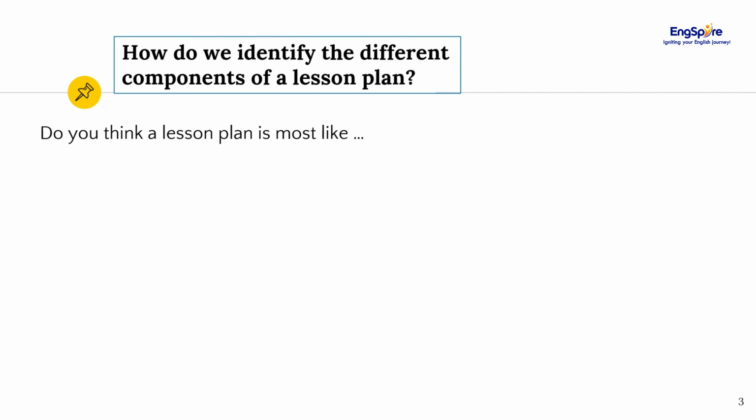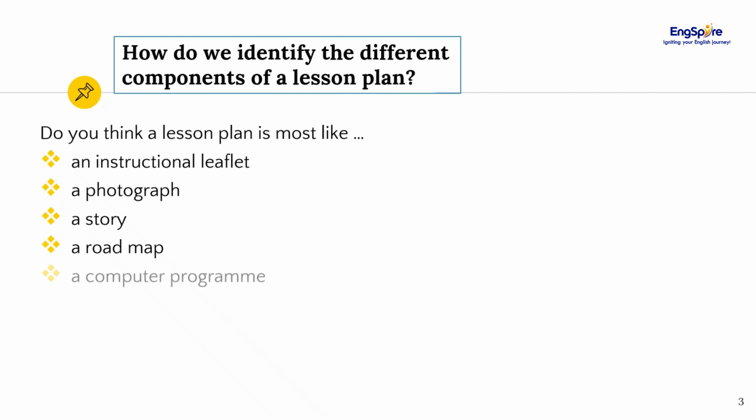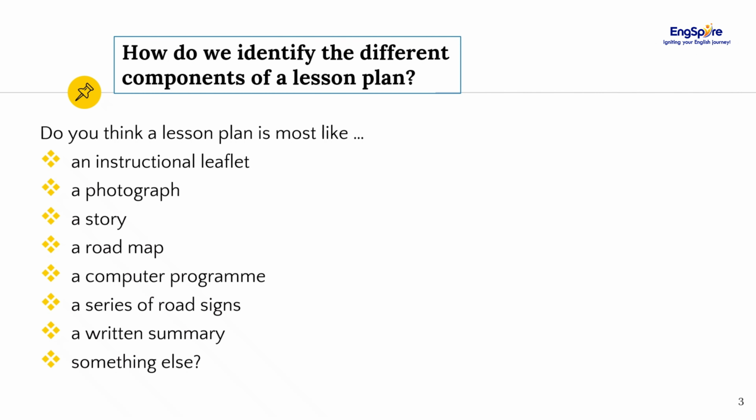Before looking at different components of a lesson plan, let's consider what a lesson plan is similar to. Is it like an instructional leaflet, a photograph, a story, a roadmap, a computer program, a series of road signs, a written summary, or something else?